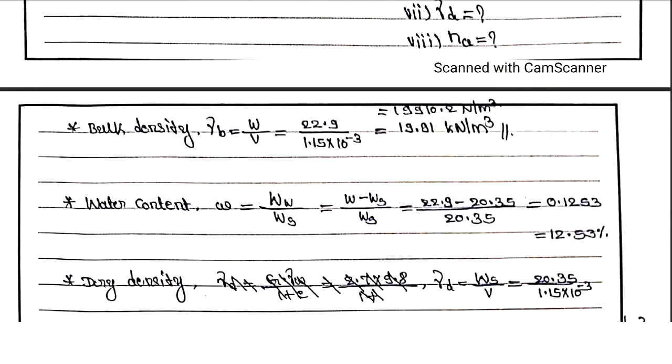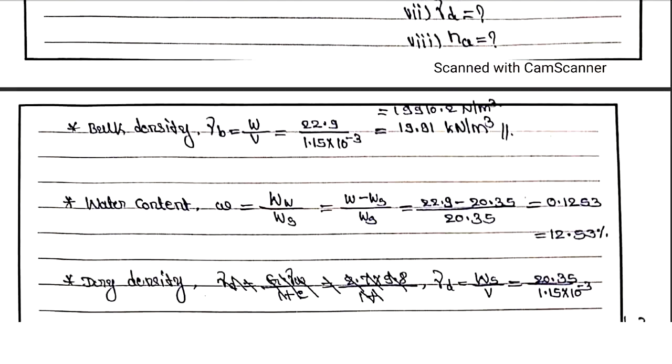So bulk density γB is equal to weight divided by volume. Weight is 22.9, volume is 1.15 × 10^-3. Calculated in newtons, it is 19910.2 N/m³, and in kilonewtons, it is 19.91 kN/m³.